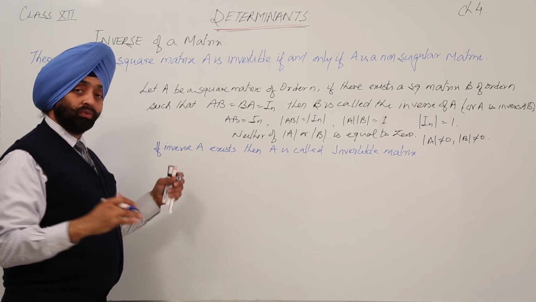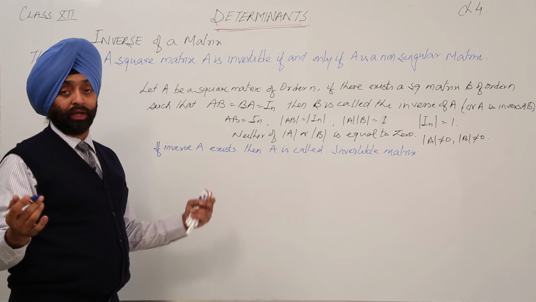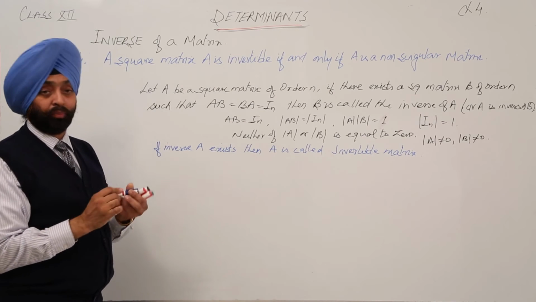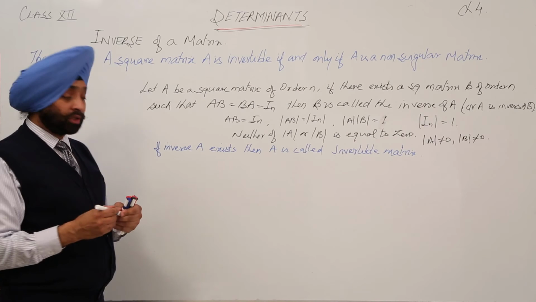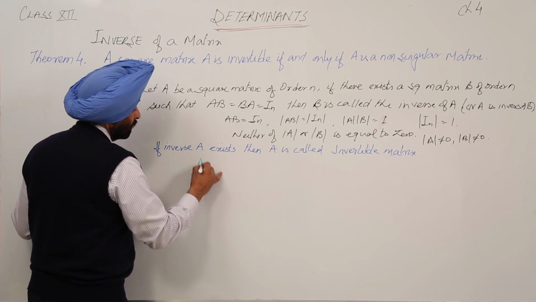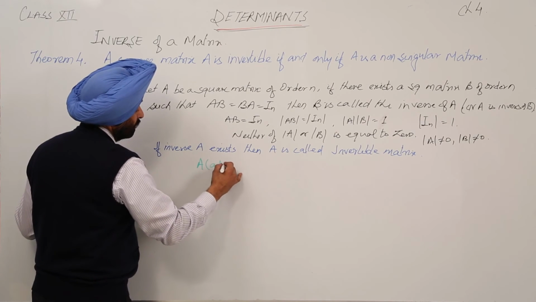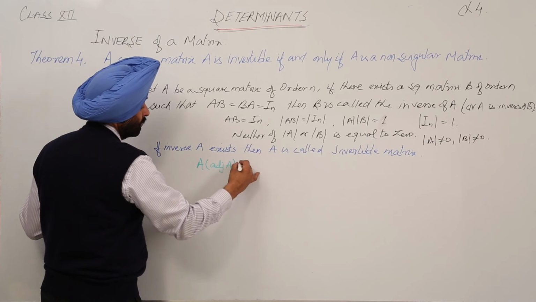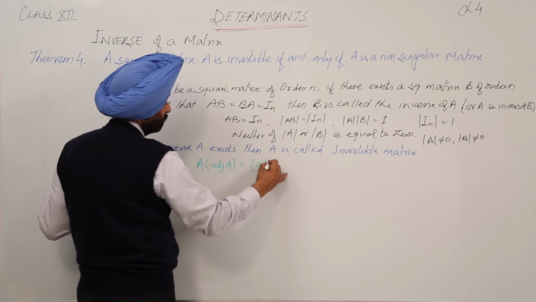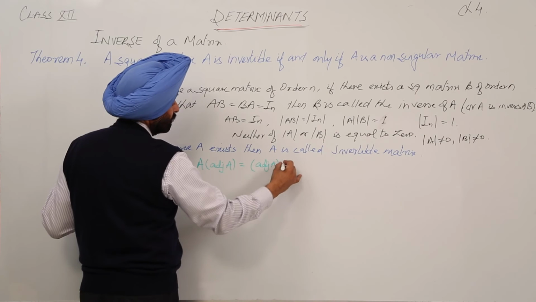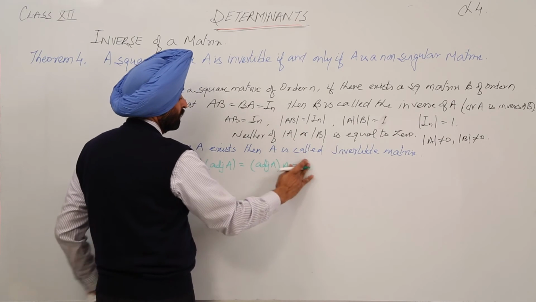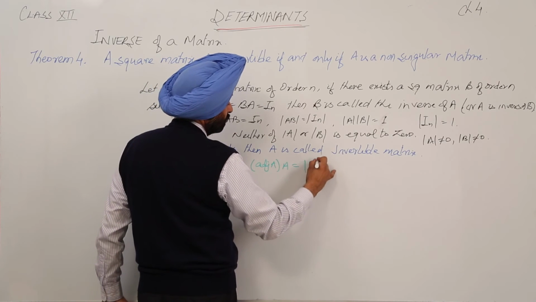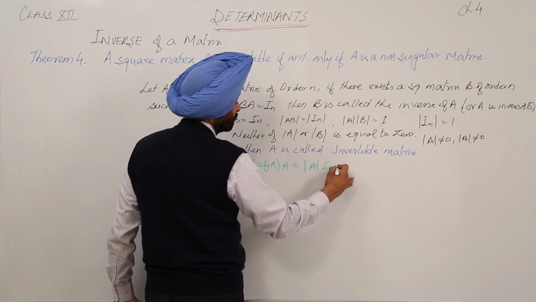Now what other thing did we do for the adjoint part? In the adjoint part, we have done a theorem: A times adjoint A is equal to adjoint A times A is equal to determinant of A times the identity matrix.